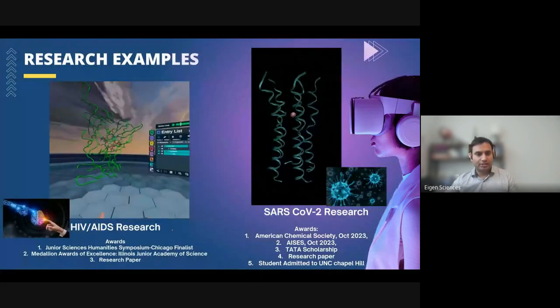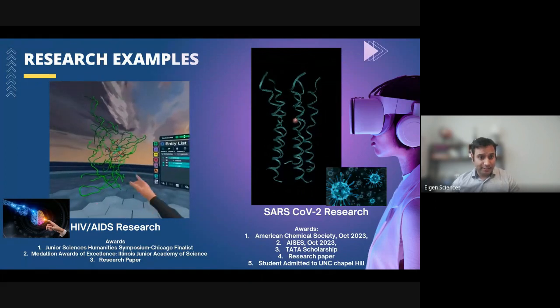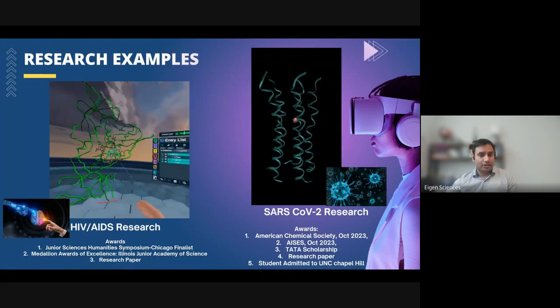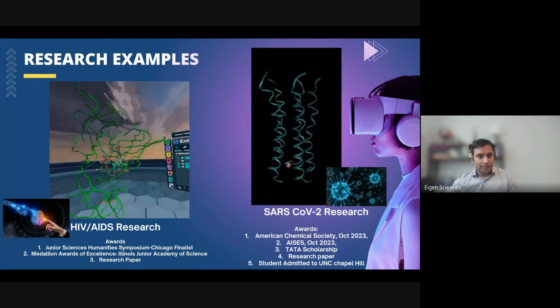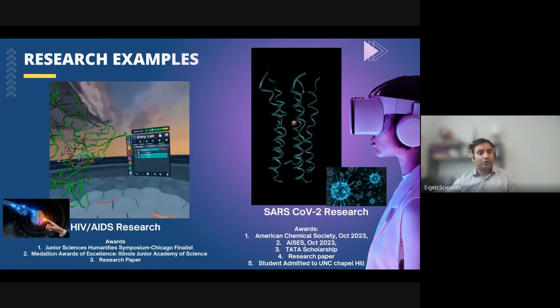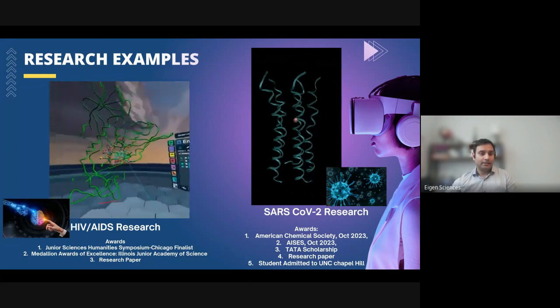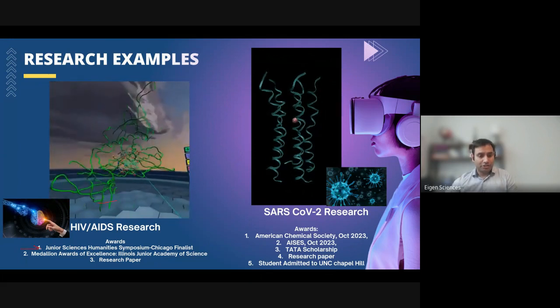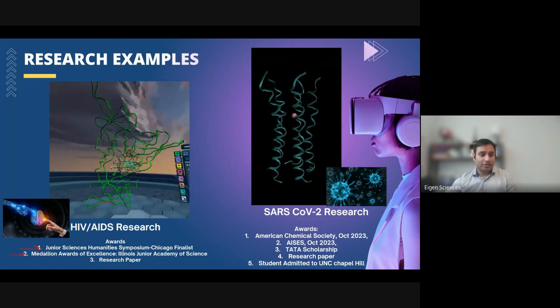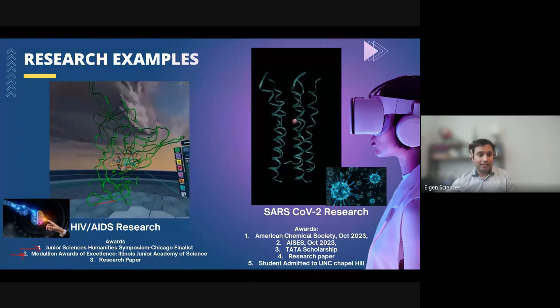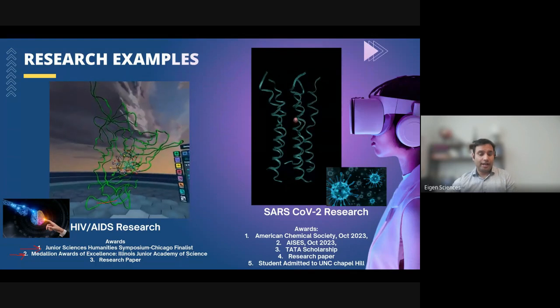There is other research as well, like AIDS and HIV research. In this, a student discovered a drug. He used different molecular dynamics techniques, and then he got first prize as a finalist at the Junior Science and Humanities Symposium, and then he got a medallion award of excellence at the Illinois Junior Academy of Science.